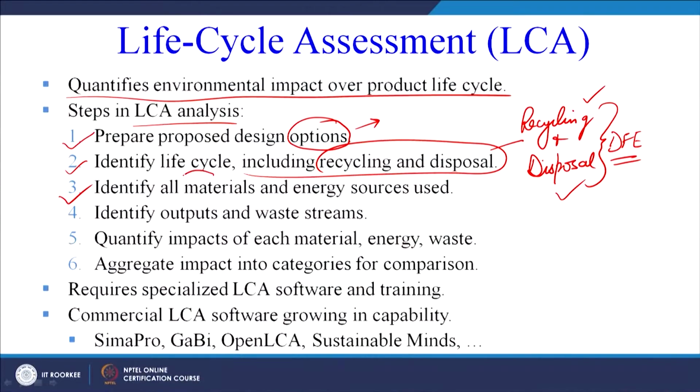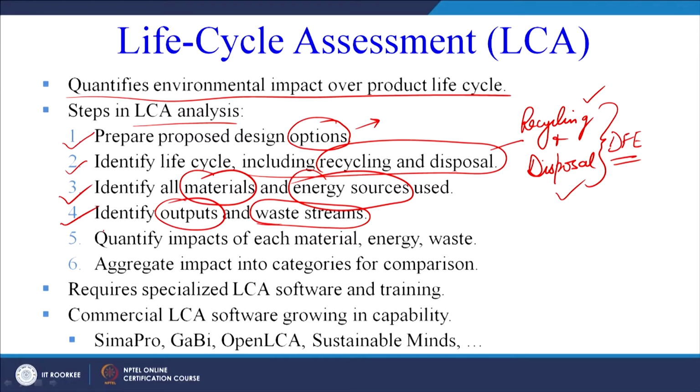So in any life cycle assessment, what we do, we prepare the proposed design options, we identify the life cycle, including the recycling and the disposal, we identify all the materials and energy sources that are used for producing the product, we identify the outputs and the waste streams.